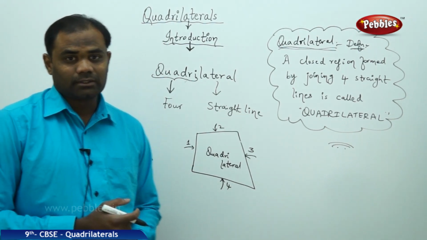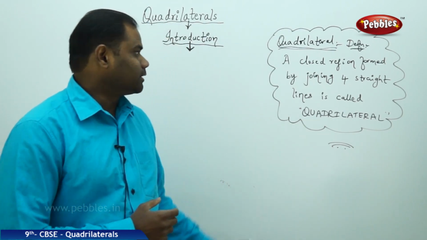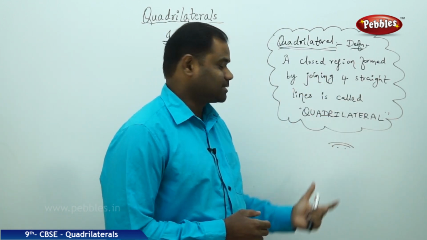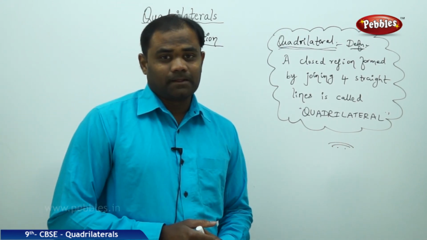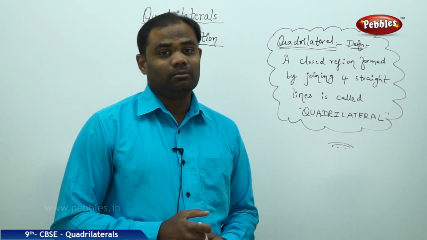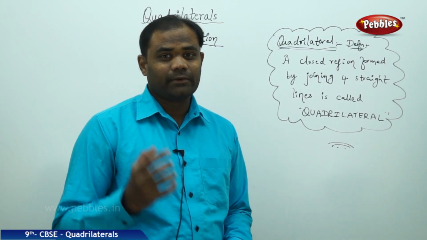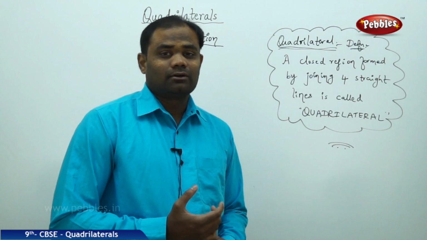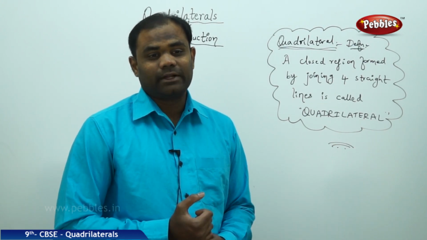Quadrilateral and its diagram. Now that we have defined a quadrilateral to be a closed region formed by joining four straight lines, let's see an extended definition for understanding quadrilateral better. There are two types of quadrilaterals: regular quadrilaterals and irregular quadrilaterals, or ordered quadrilaterals and unordered quadrilaterals.